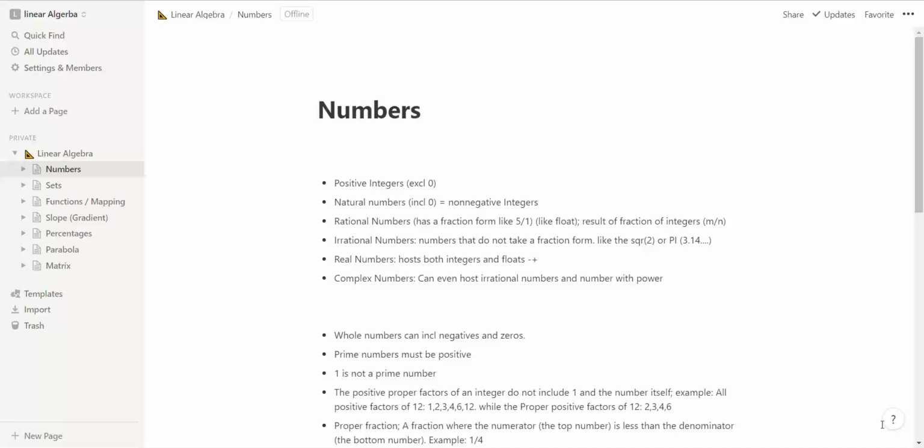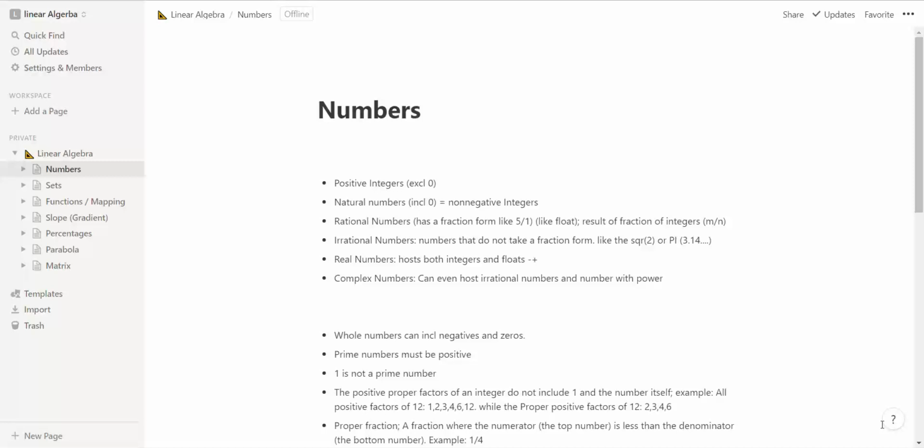We've covered a pretty decent chunk of information. We started linear algebra from scratch. We started off with numbers, and then we went on to sets, and then we studied a bit of equivalence and functions, and then we moved on to the slopes, and then linear equations.